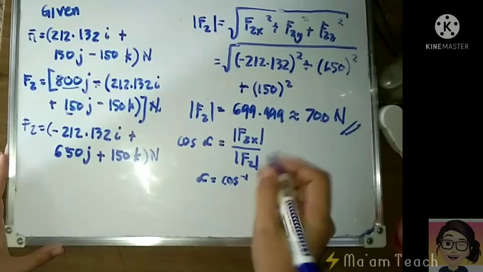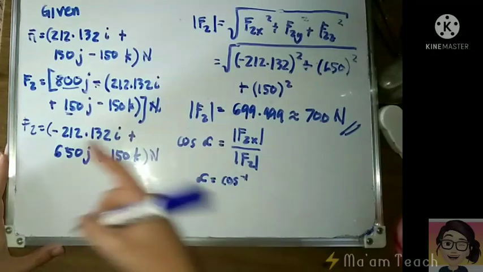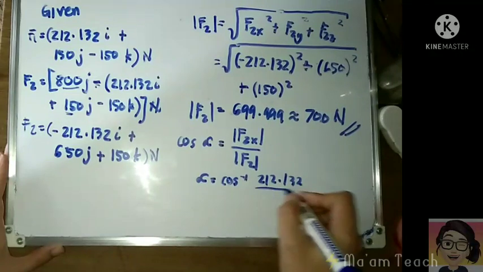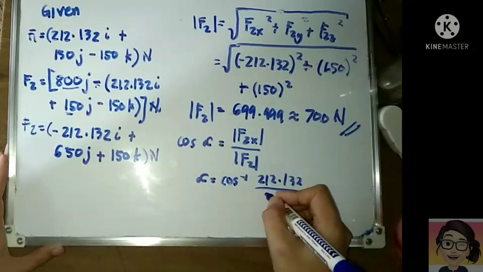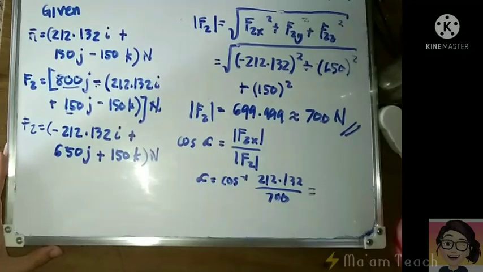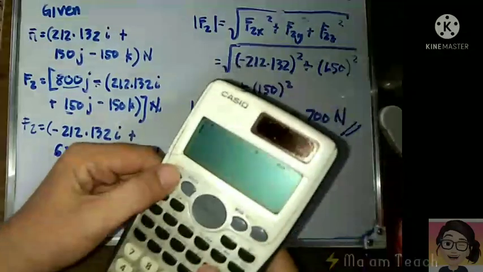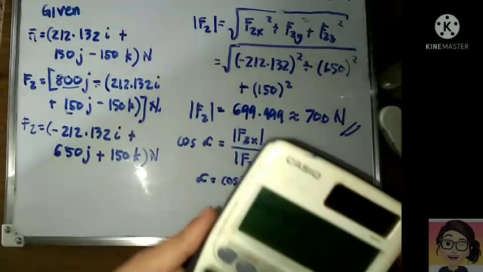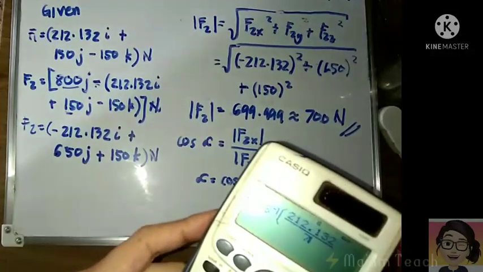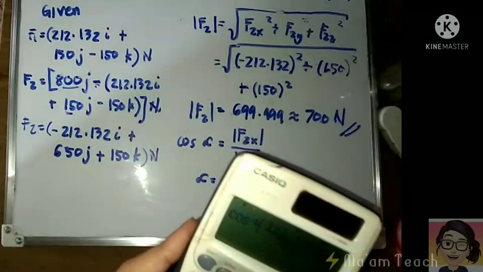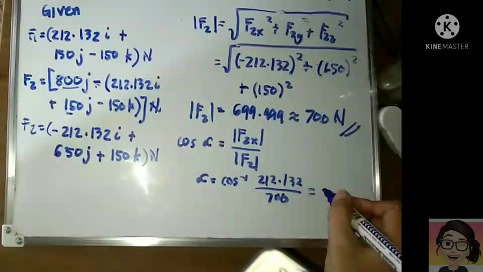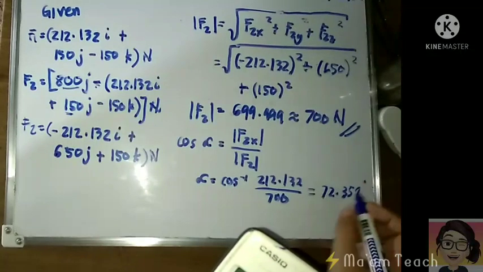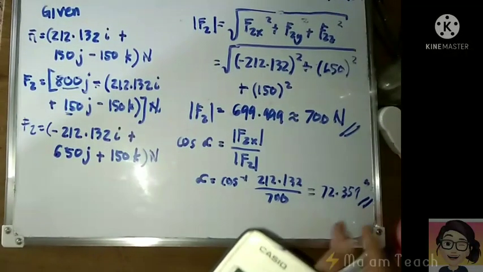So our F2x is negative, so the absolute value is 212.132 over your magnitude, which is 700. There. So your alpha will become arc cosine 212.132 over 700. We have 72.359 degrees. This is already an answer, class.